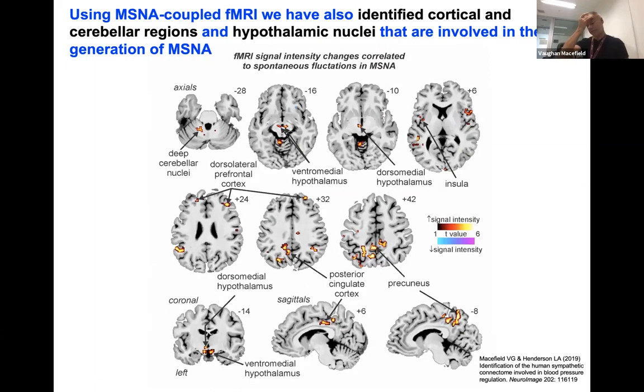Ty and I and our students have been running a series of experiments where we're applying weak sinusoidal currents to the dorsolateral prefrontal cortex, and we can see that it causes modulation of sympathetic outflow to both muscle and skin, which is unpublished, but also very, very exciting.